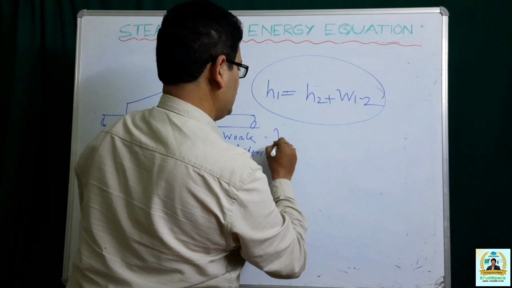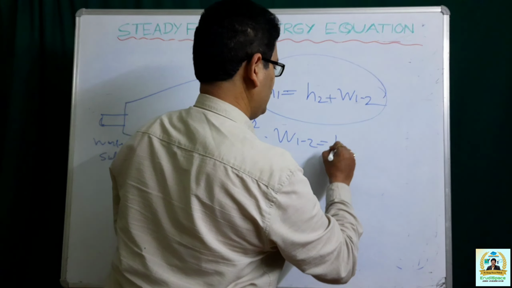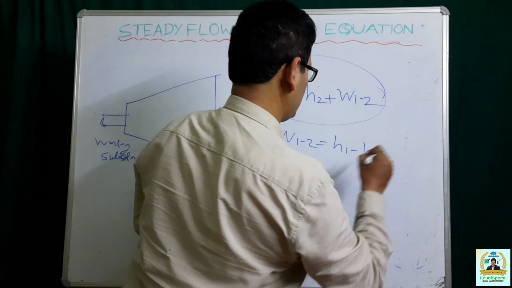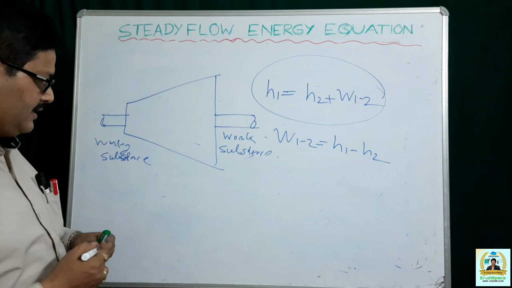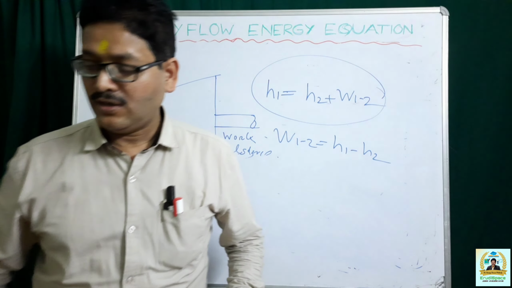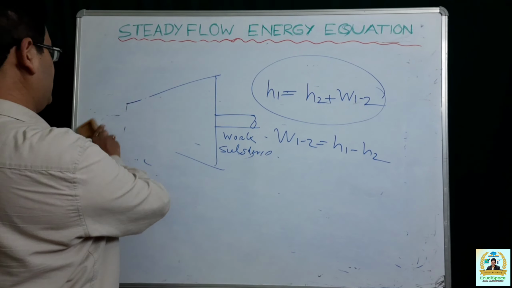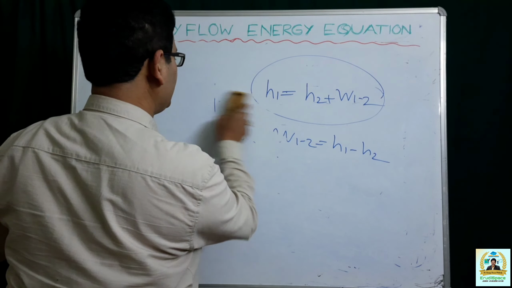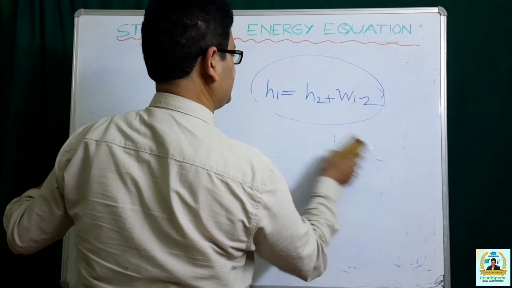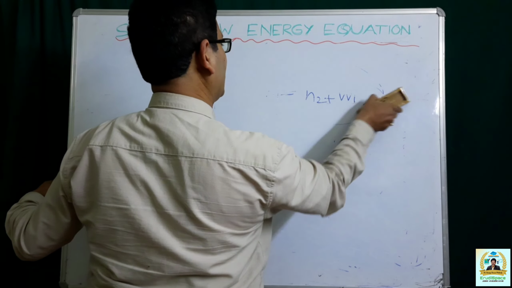And W12 is equal to H1 minus H2, that is the difference in enthalpy. Next we will consider what is happening in case of a compression. Compressor compresses the working substance by consuming work.